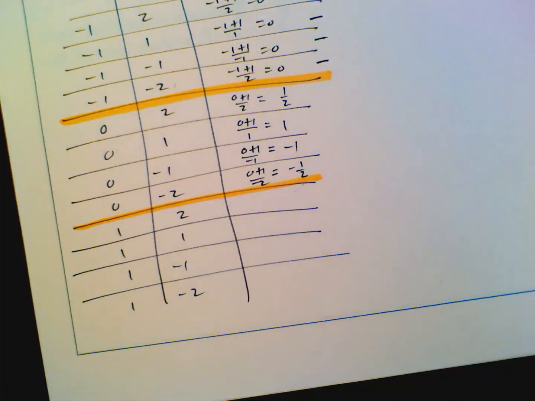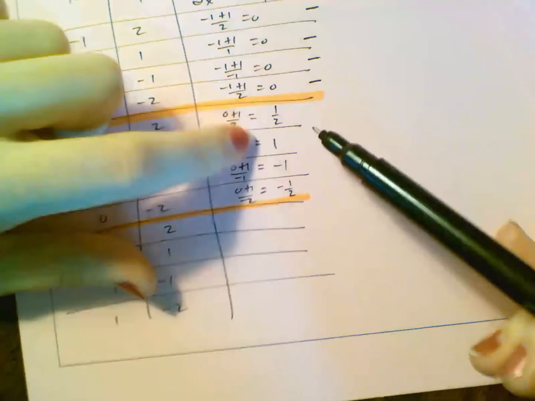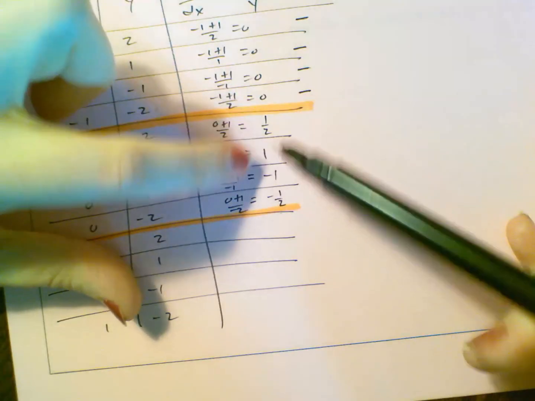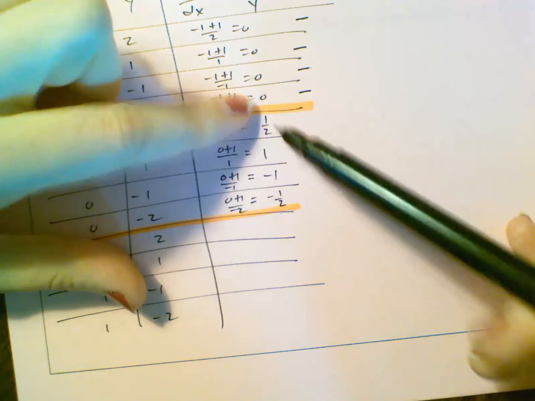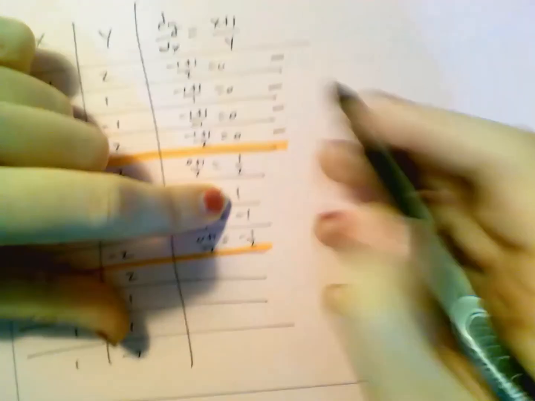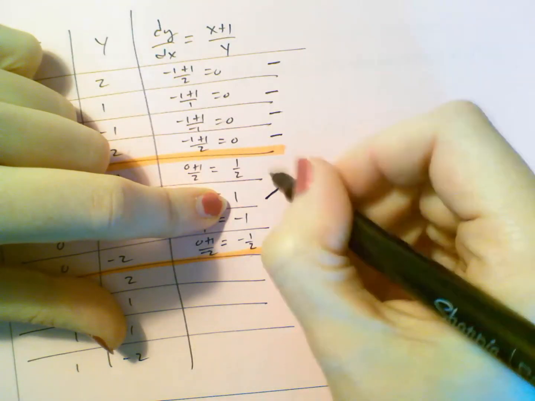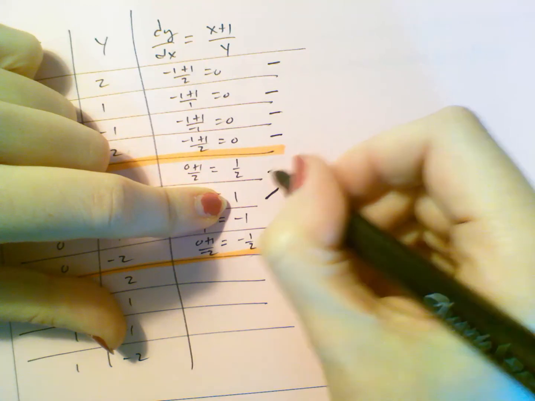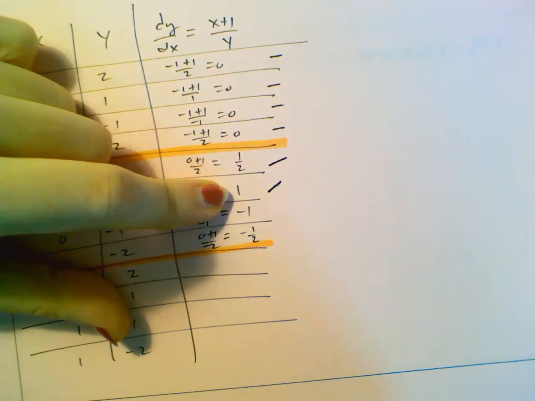Okay, it doesn't have to be perfect. So we're looking at these two positive slopes, a half and 1. They're both positive, so we're going to have an increasing line segment, but the 1 needs to be steeper. If this is 1, then a half is going to be less steep, like that.